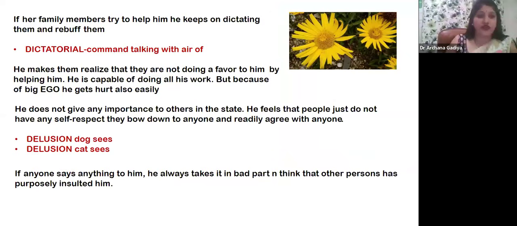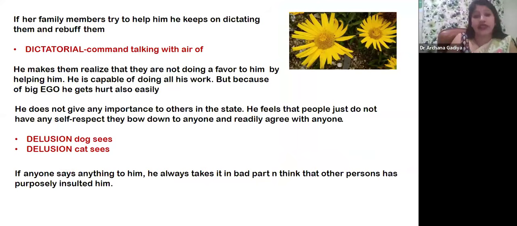If our family members try to help him, he keeps on dictating to them and rebuffing them. Dictatorial, talking with an air of command, he makes them realize that they are not doing a favor to him by helping him. He is capable of doing all his work, and his ego also gets hurt very easily.